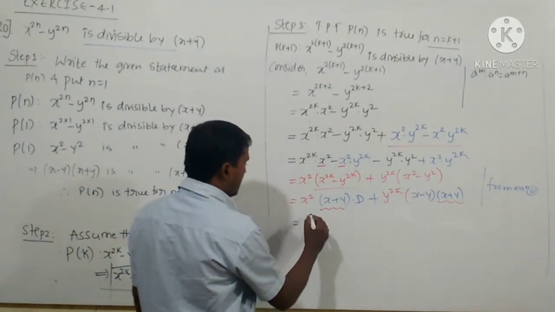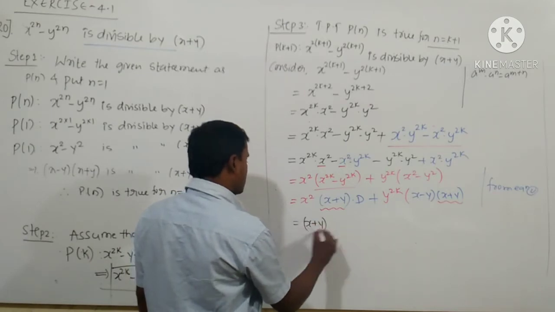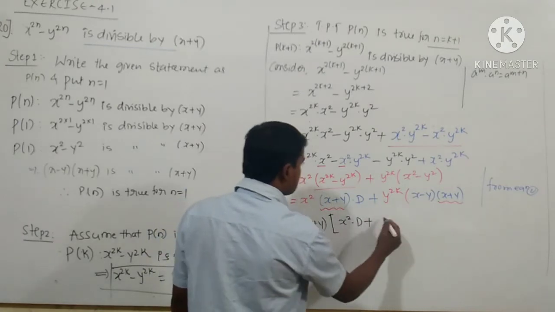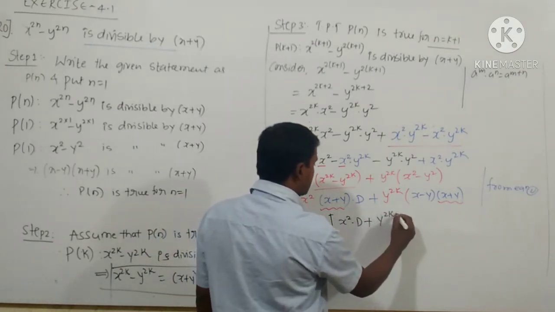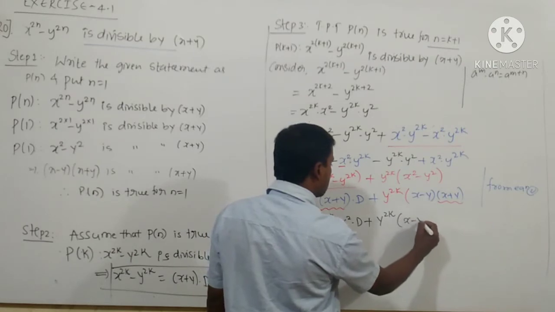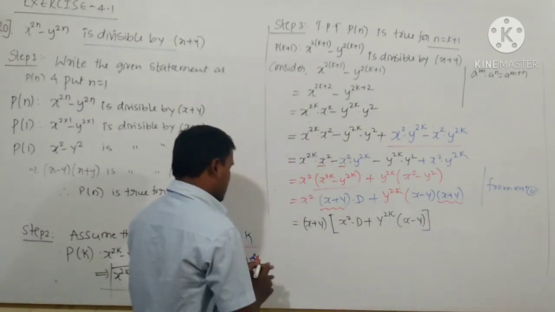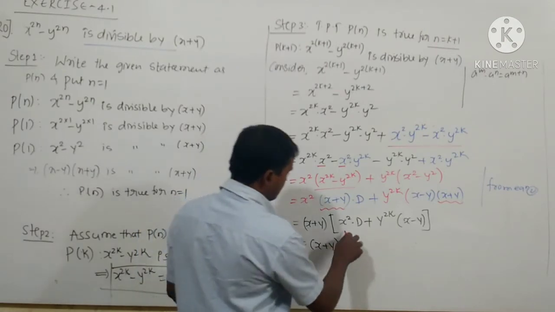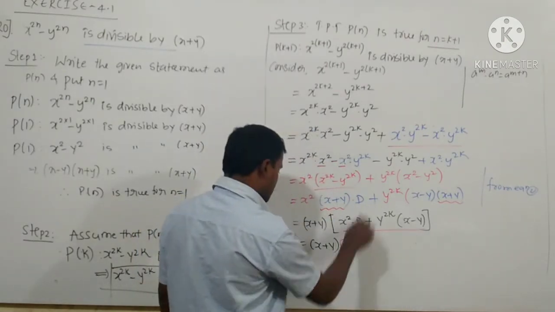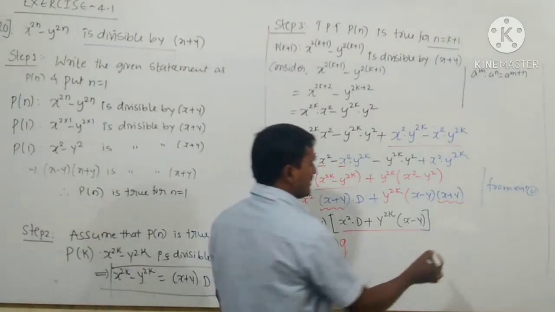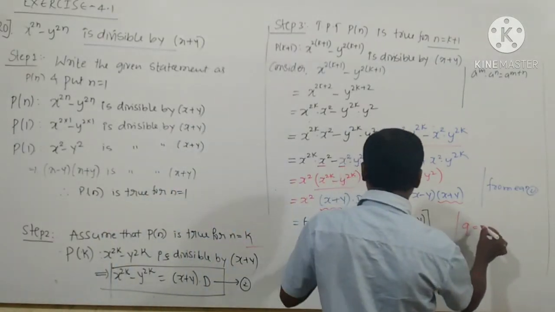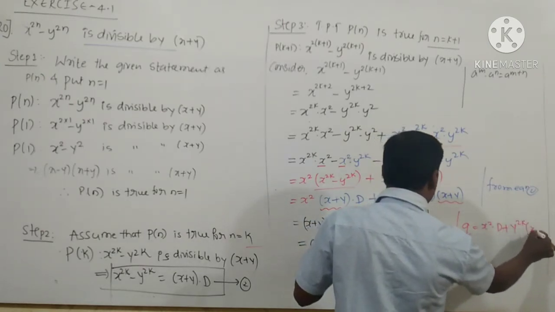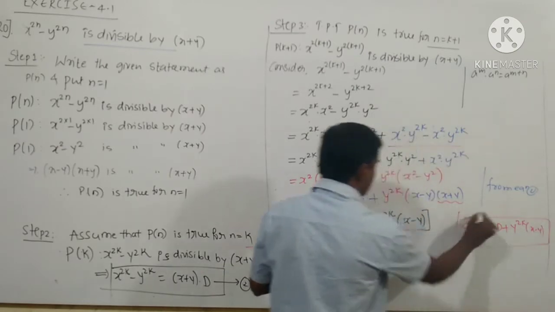So clearly take x plus y outside. So here what is the remaining? X square into d plus, so what is the remaining here? It is y raised to 2k into what? X minus of y. So therefore we will write like this. So this is equal to x plus y into this term. Again this term here I will consider this as a q. So here we will write where q is equal to x square into d plus y raised to 2k into x minus of 1.